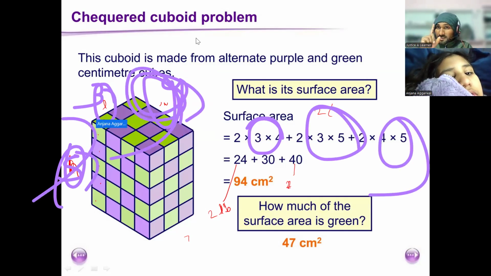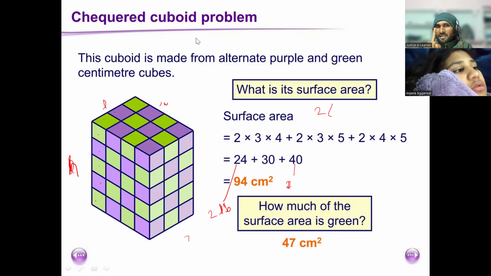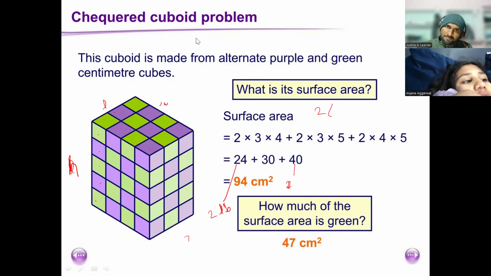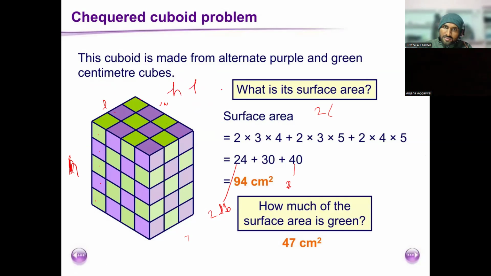There is a pattern as well: H, L, W. Whenever we see a cube or cuboid, especially a cuboid, we see a pattern. What is the pattern? There are three dimensions. H L W, three things.